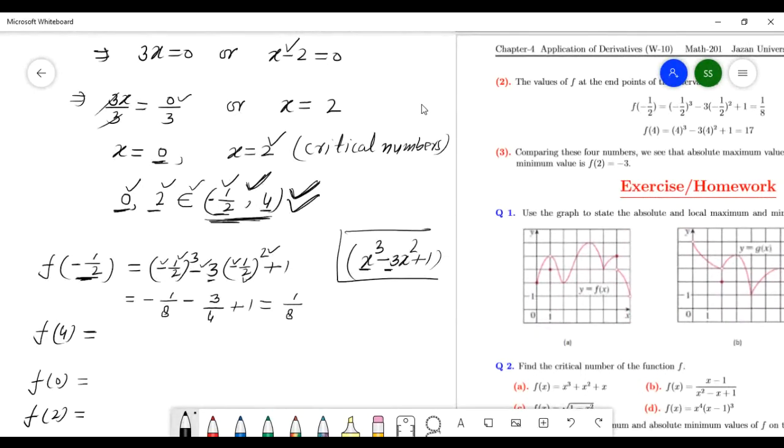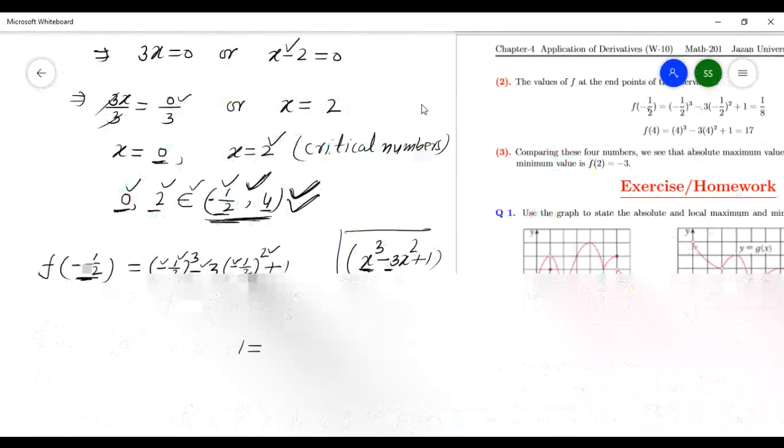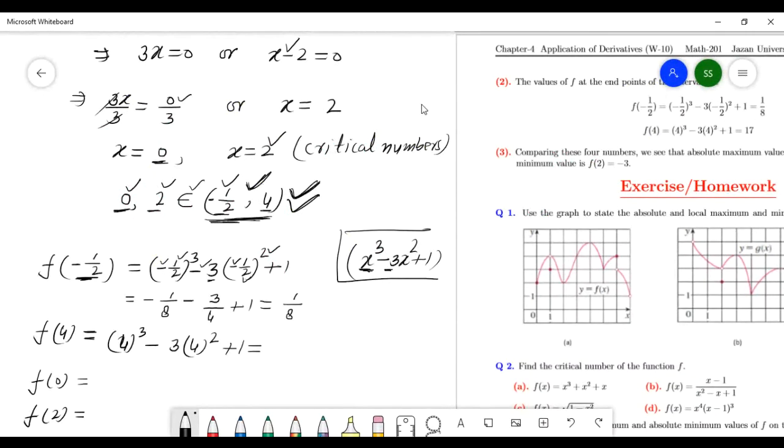Now find f of 4. So x power 3, that is 4 power 3, minus 3 times 4 power 2, plus 1 is equal to what? 4 power 3 is 64, and 4 squared is 16, and 16 times 3 is 48, and plus 1.